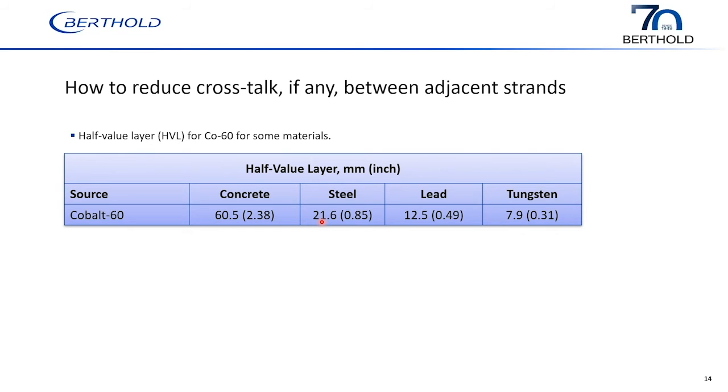So first from 100 to 50 and from 50 to 25%. Tungsten is here mainly for reference purposes. It's a pretty expensive material, and if one can use steel or lead, that is usually preferred due to the cost of tungsten.